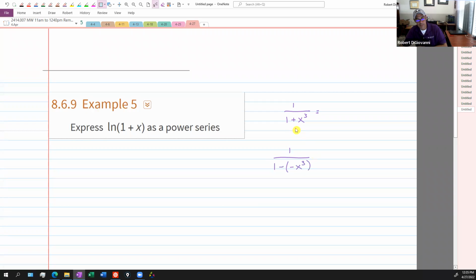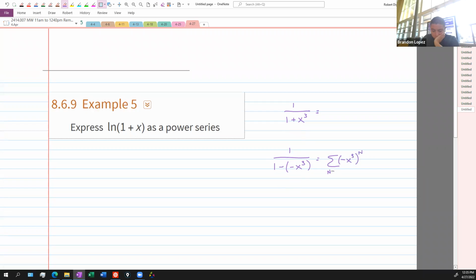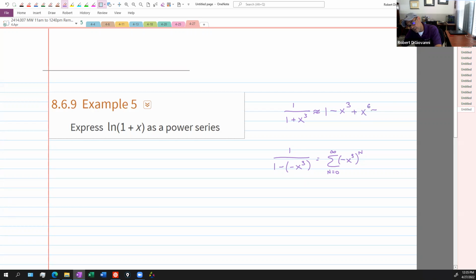And then that becomes the sum of negative x cubed to the n, n equals 0 to infinity. So you're reading a physics book, and all of a sudden they say, 1 over 1 plus x cubed, we're going to approximate that with, if n is 0, 1, minus x cubed, plus x to the 6th, minus x to the 9th.